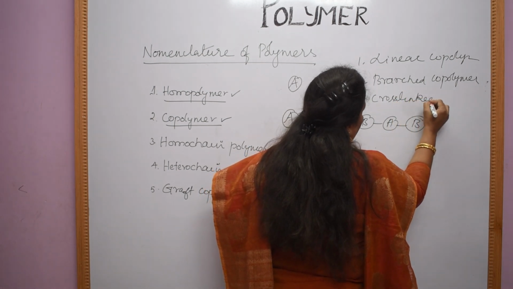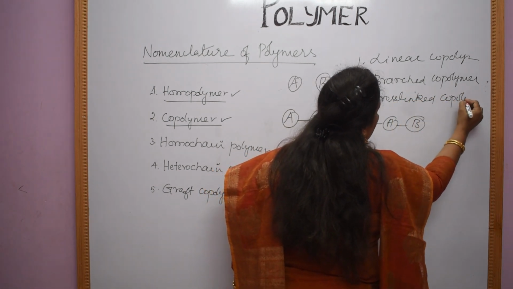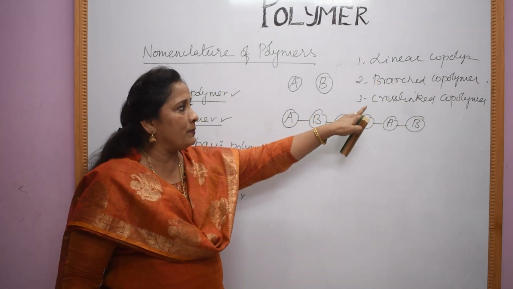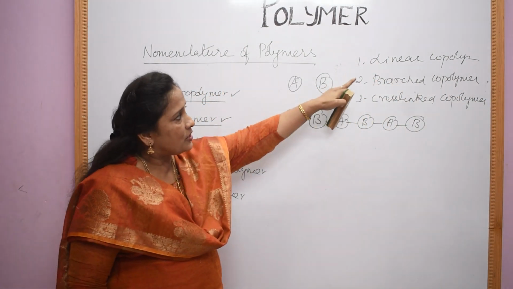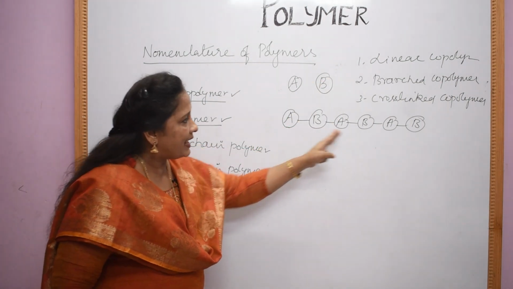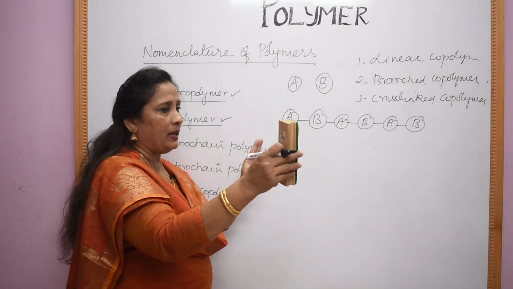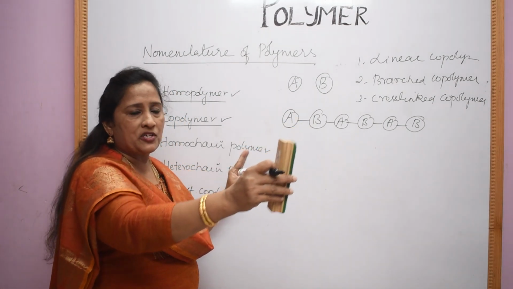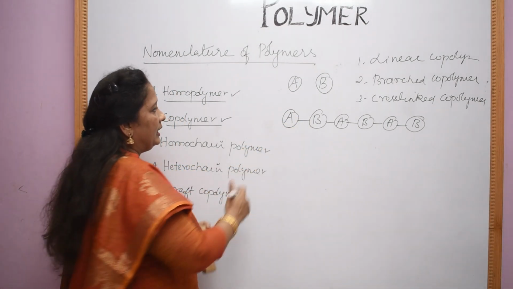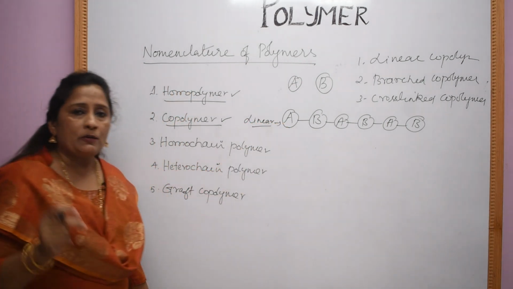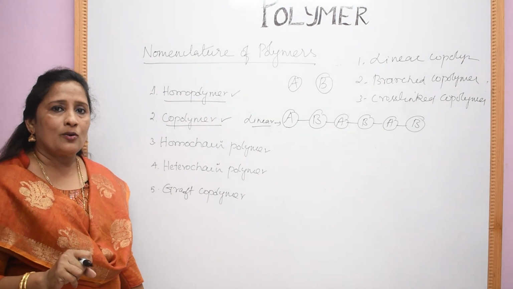So now we are able to write what may be the structure of linear copolymer, branched copolymer and cross-linked copolymer. So what is the structure of this linear copolymer? It is the same as that of this structure, right? This is the linear one. A and B, they are combining in a linear fashion. Therefore, this is the structure of linear copolymer. Linear copolymer. So what may be the structure of branched copolymer?